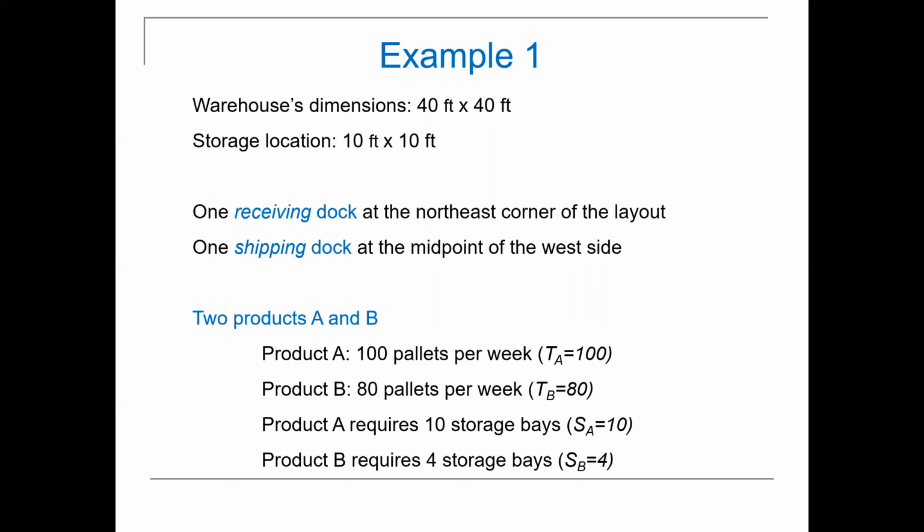There are two products, A and B, and product A has 100 pallets a week. That's what we receive. And for product B, we receive 80 pallets per week. Product A requires 10 storage bays, so SA equals 10, and product B requires 4 storage bays, so SB equals 4.